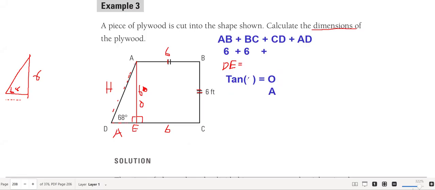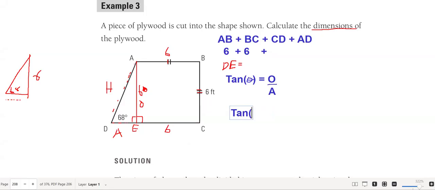Now, my angle is 68 degrees. My opposite is 6. My adjacent is, crap, it doesn't tell me. That's what I'm trying to find.